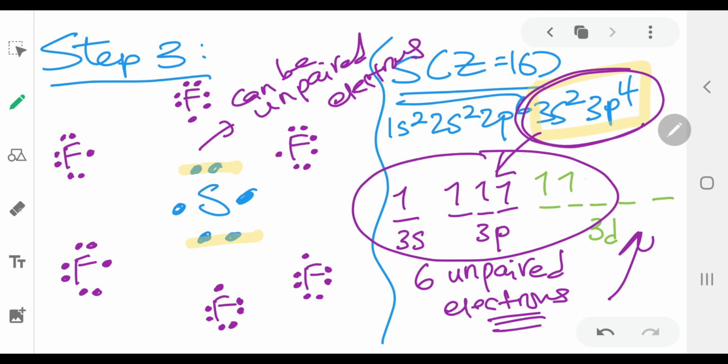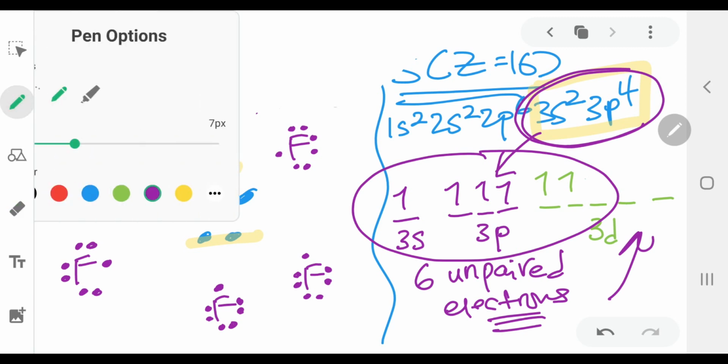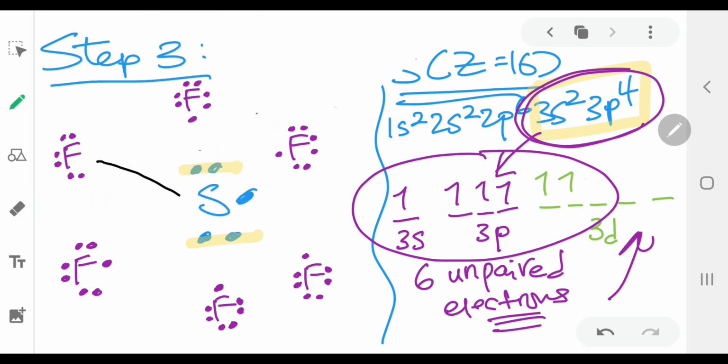Okay, so now we're going to form the bonds. You have this unpaired and that unpaired, you will form a bonding pair. This unpaired with that one can also form a bonding pair. And this over here with that over there will form another bonding pair.